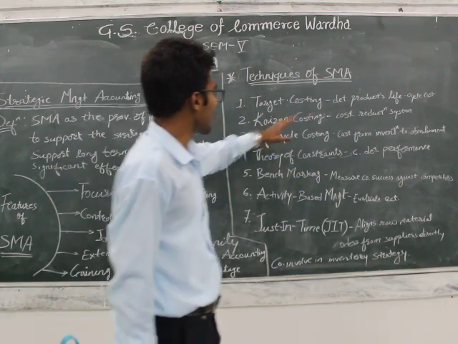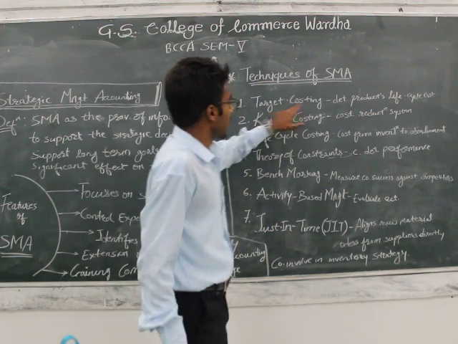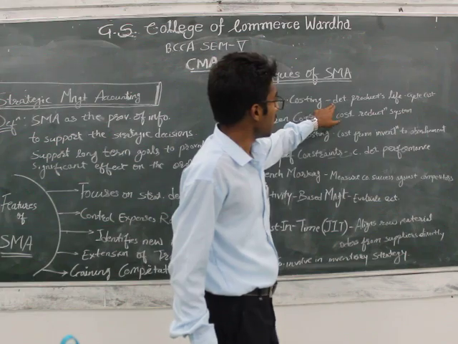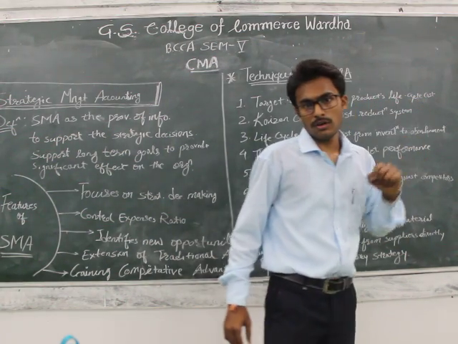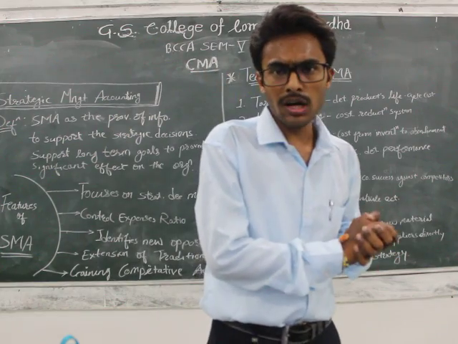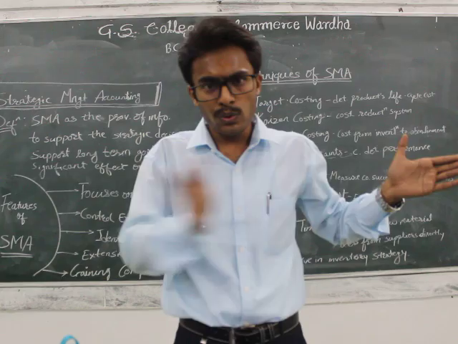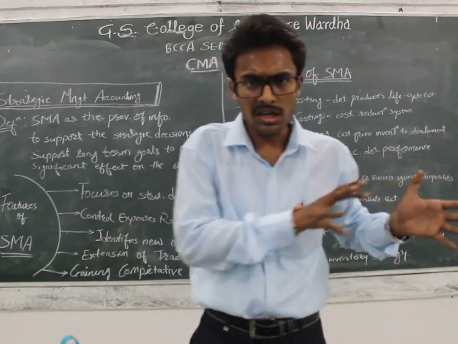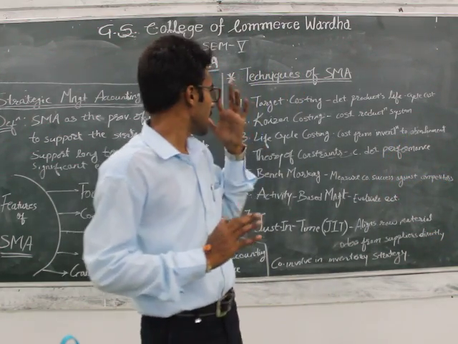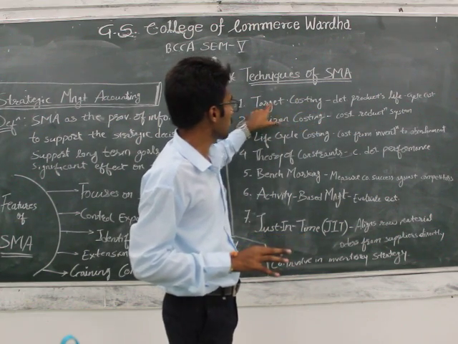First one is target costing. Target costing determines a product's life cycle cost from the designing of the product till the selling and consuming of the product. The cost which the company will incur is known as target costing. This cost will be calculated under this costing system.